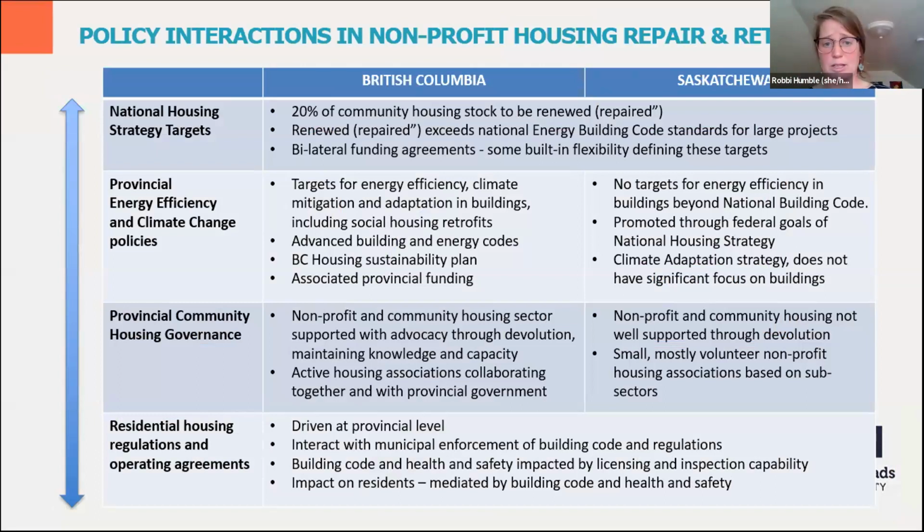I don't have time to go through all of this, but basically it's about the differences around the types of funding and the types of regulations that are experienced, not only through operating agreements, but also at the municipal level, in terms of building regulations and building code issues when they come up throughout these projects. That is really where some of this interaction and negotiation is going to happen.